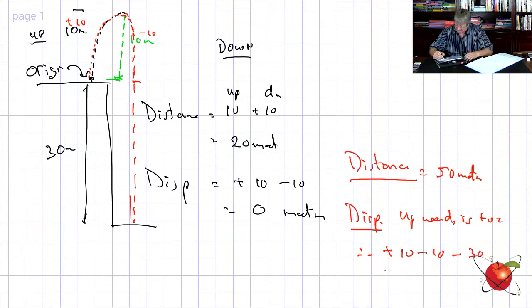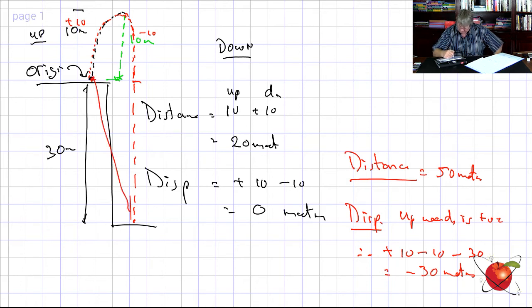So my displacement is minus 30 meters, because I'm 30 meters from the origin. I know I've drawn it at an angle, but I'm 30 meters from the origin. That's where the ball ended up.